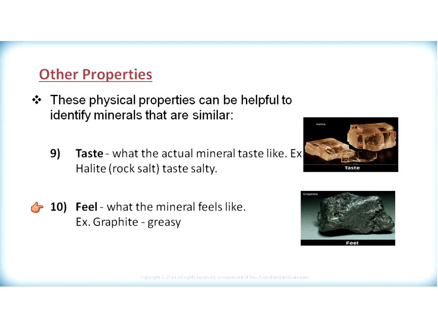Another property would be feel. This is what the actual mineral feels like. An example of a mineral that can be identified by feel would be graphite. Graphite, when held in your hand, would feel very greasy. So this mineral property, feel, can be used to identify graphite.